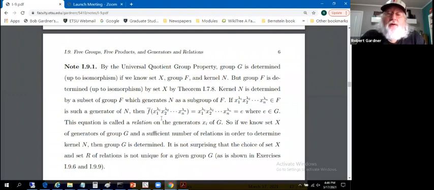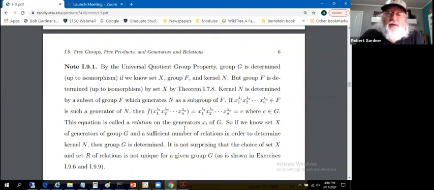So F bar is going to take the X sub i's to themselves. So we get F bar mapping this reduced word in this sense must be mapped to the identity because we said it comes from the kernel.